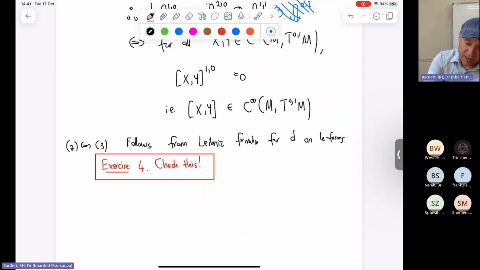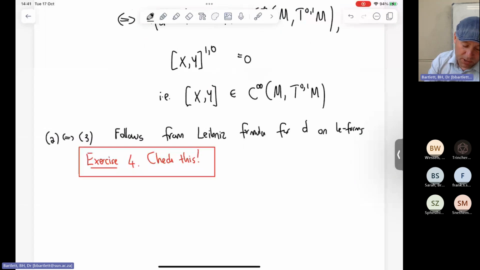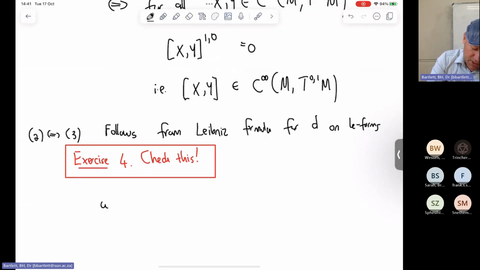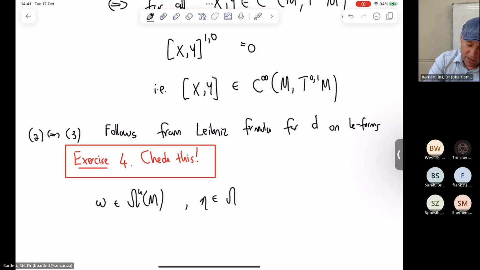Okay, so I don't think I mentioned this when I spoke about the exterior derivative, but if you start with a K form on a manifold, I've got a K form, and then I've got an L form.